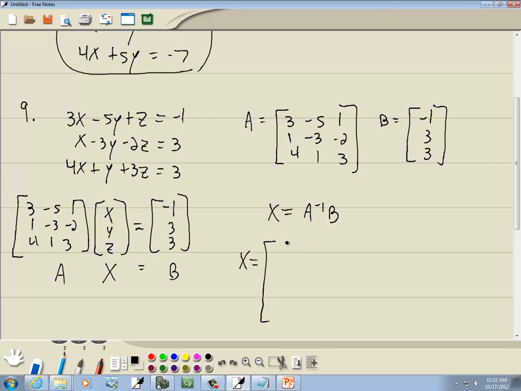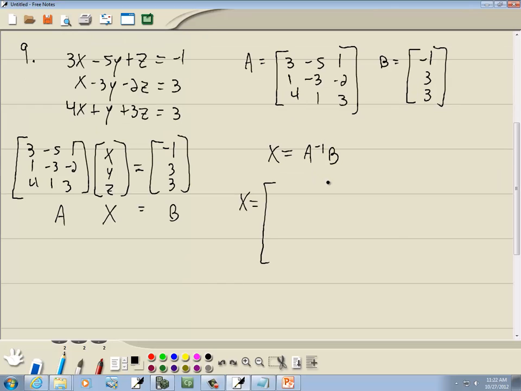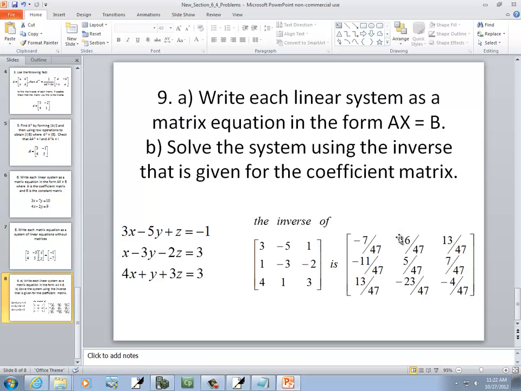Well, we need our inverse of A, and I'm not going to go through and do this by hand. I've cheated, and I've written it down here. The inverse of this is this.